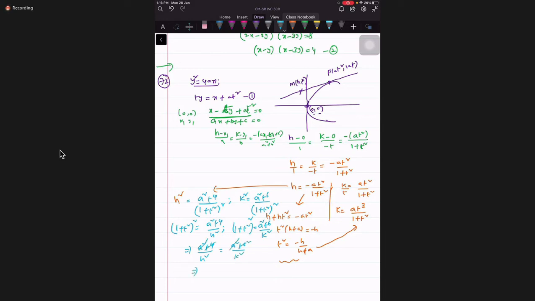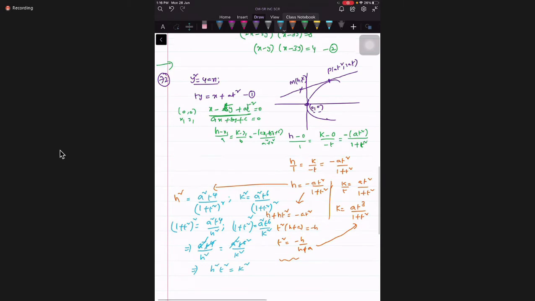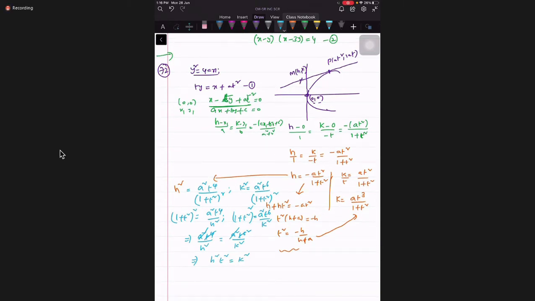So t square is equal to k square by h square. We have t square here, right? We can use it in this relation. Elimination of the parameter is all we need to do.